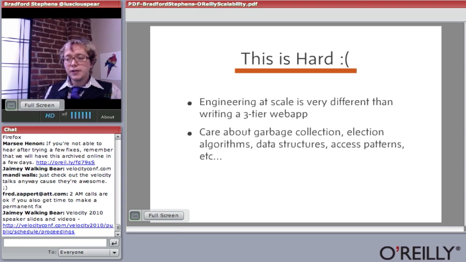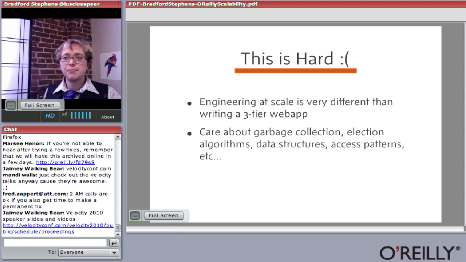So, things that you'll often see in these kinds of distributed systems that you won't see in your 3-tier Ruby web app are garbage collection tuning. Do I use parallel? Do I use parallel concurrent mark sweep? Algorithms: if a node goes down, how do I determine what the best node to replace it is? What data structures? Is this a B tree on disk? Is this an LRM tree?